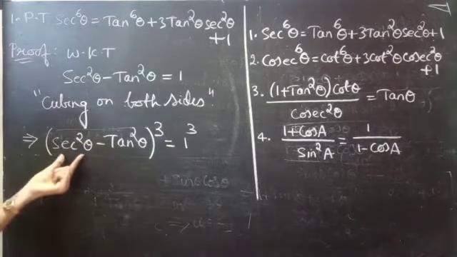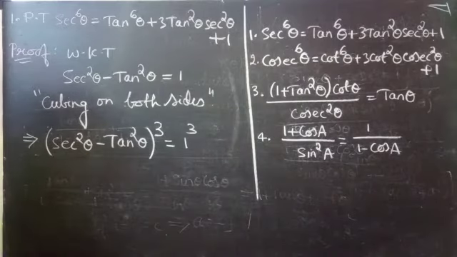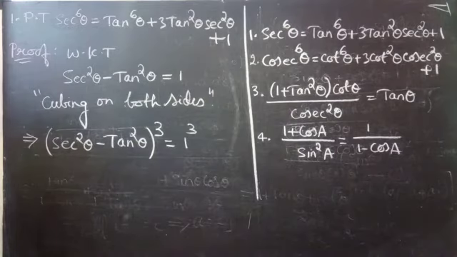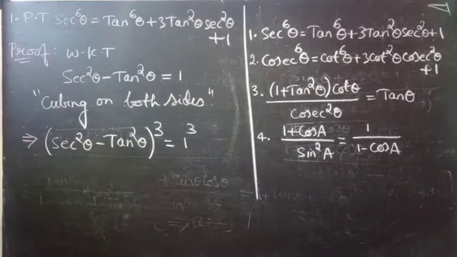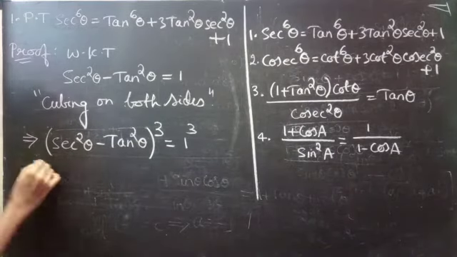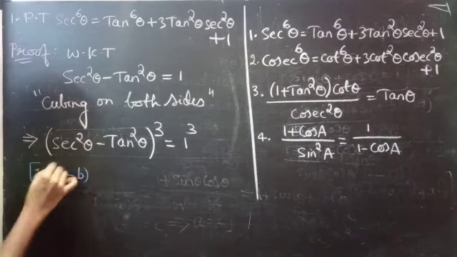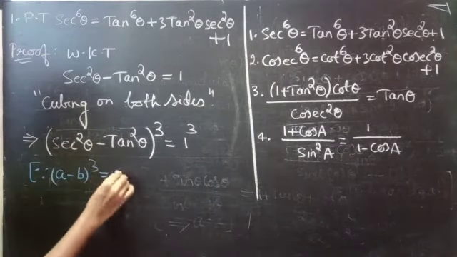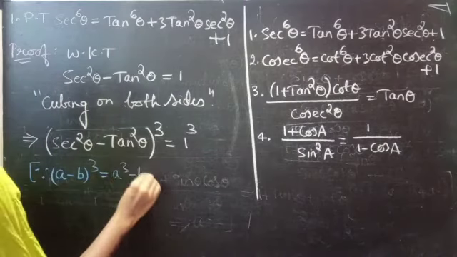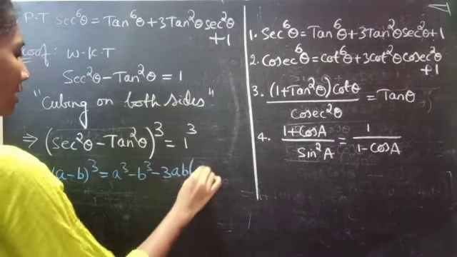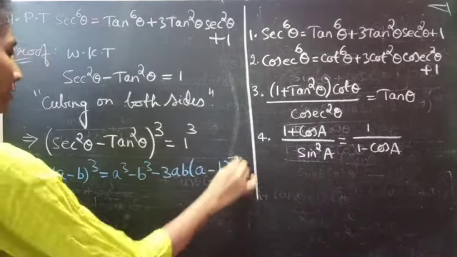So this is of the form a minus b whole cube. Since you know that a minus b whole cube is equals to a cube minus b cube minus 3ab into a minus b. Okay.